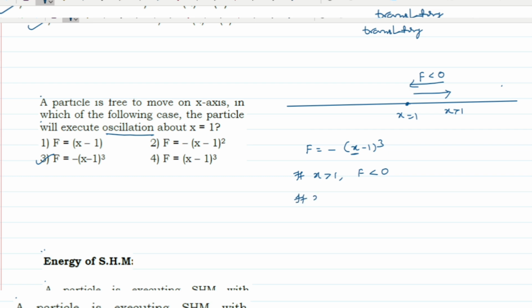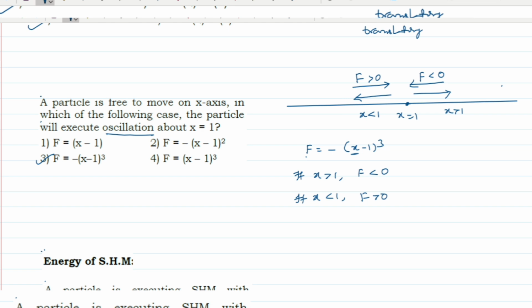Whereas in the second case, if x is less than 1, the particle is displaced towards the left extreme position. When you put x less than 1 in the force formula, say minus 1, here minus 2 whole cube, it will be minus 8, and minus into minus gives plus. So if the displacement of the particle is less than 1, then the force is directed towards the mean position, whereas in this case F should be greater than 0.